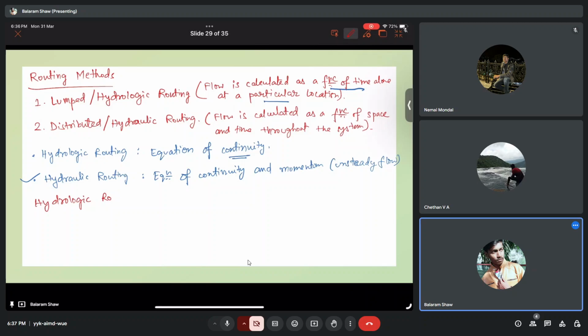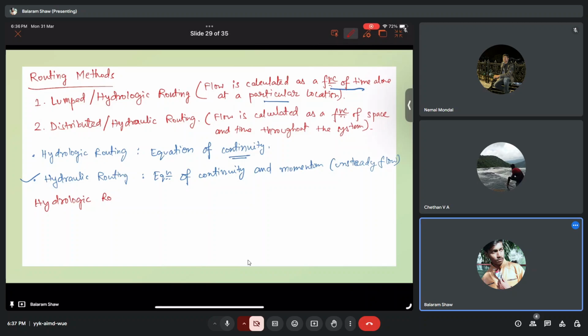Okay, so what I said, that in this hydrologic routing we consider the equation of continuity, right? So mostly we consider the simple mass balance equation, or the water balance equation, whatever you say, right? So it is like inflow minus outflow equals the change in storage.